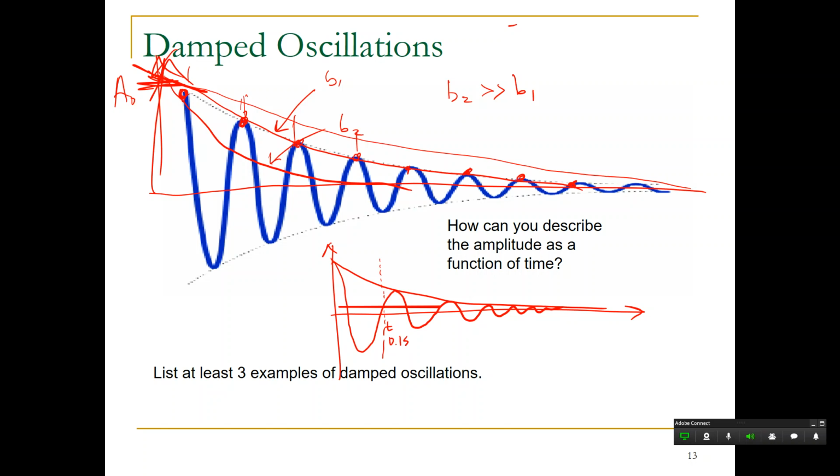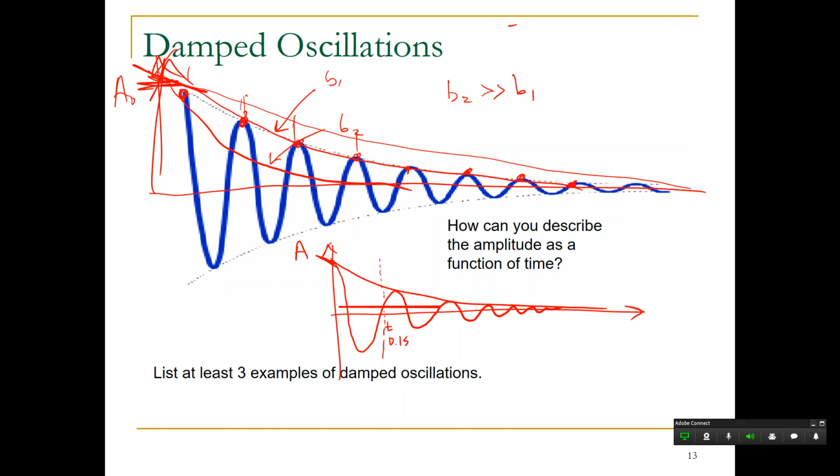I redrew my graph now. At 0.1 seconds, I have a value for amplitude, right? Because this line here represents amplitude with respect to time. But your wave only hits the amplitude here, here, here, and so on and so forth. And on this dotted line, the wave doesn't actually hit the amplitude, but it still has an amplitude at that time.